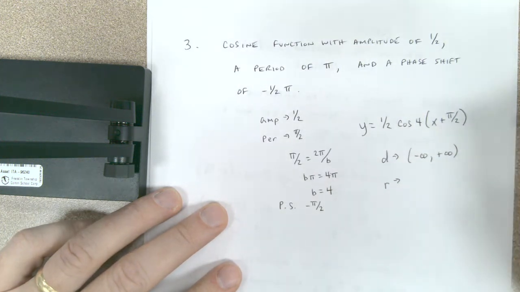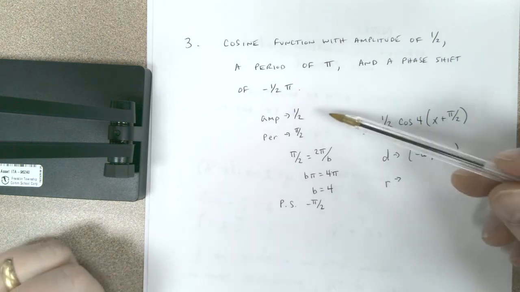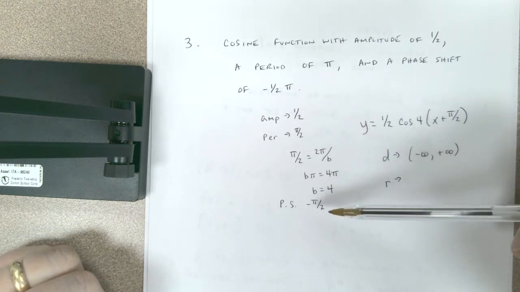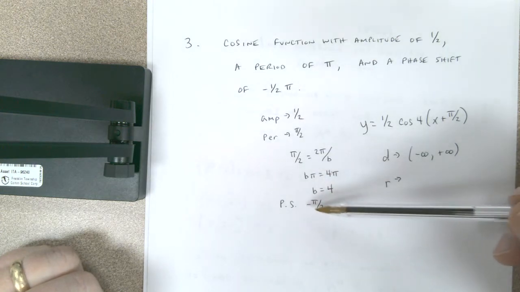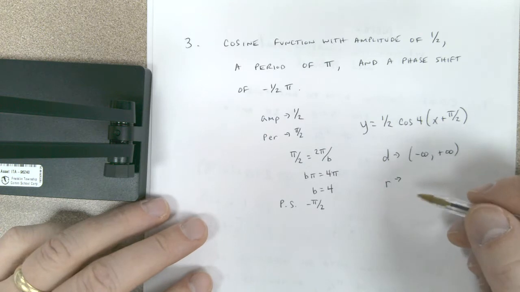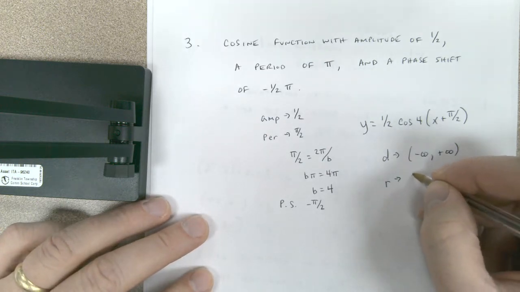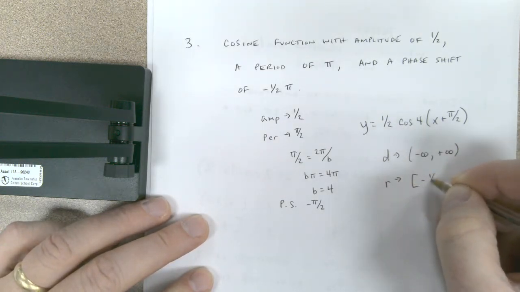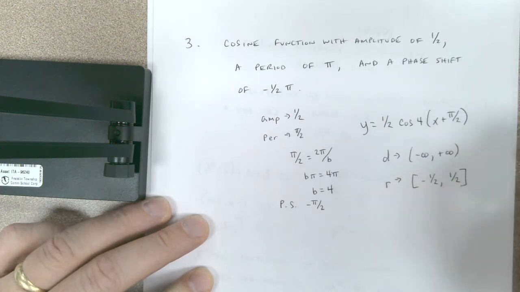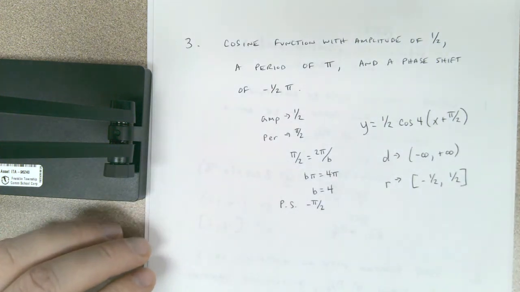My range on this one, because I'm just shifting it to the left, there's no vertical change. So I'm going to be from negative 1/2 all the way up to positive 1/2 for my range.